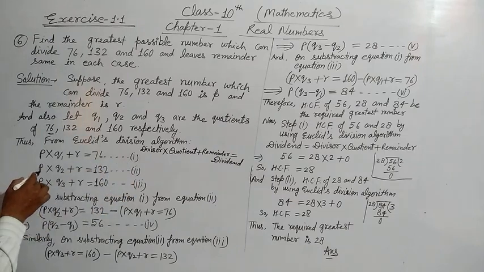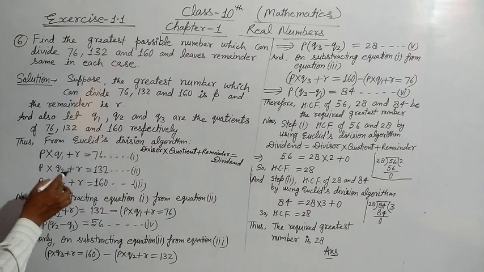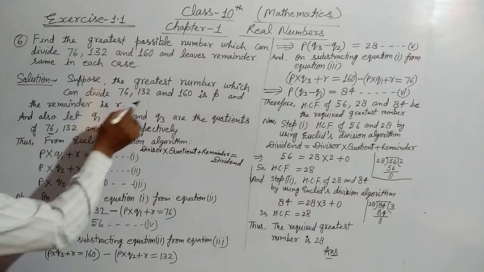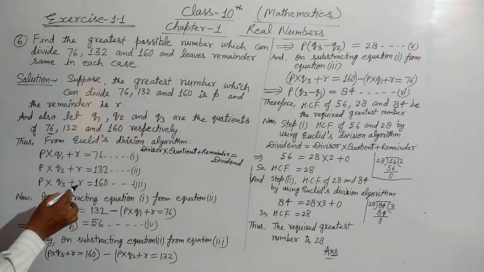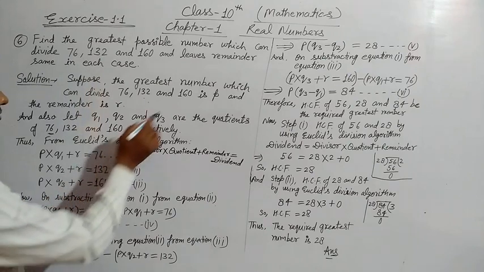Now for the second, P into Q2 plus R is equal to 132, which is the second number. Now P into Q3 plus R is equal to 160 for the third number.